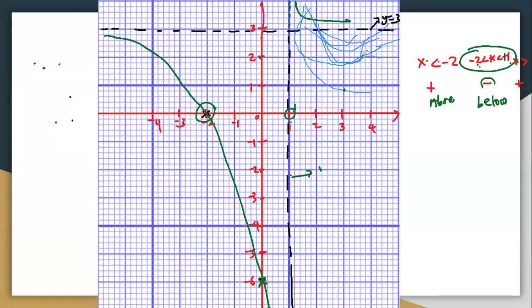Somewhere here. Like it comes like this, and it goes like this, and then it goes way up. Something like that.